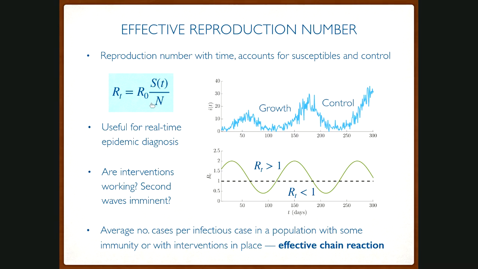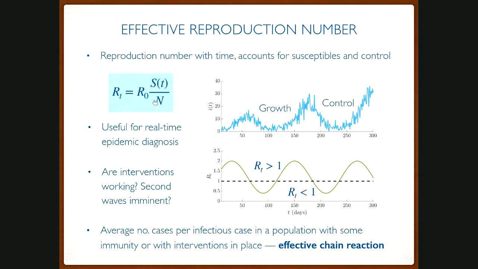We can describe the effective reproduction number at time t as the R0 value multiplied by the proportion of susceptibles. As this proportion is always less than or equal to 1, if R0 is less than 1, we also have Rt less than 1. So there is a correspondence with thresholding behaviors.